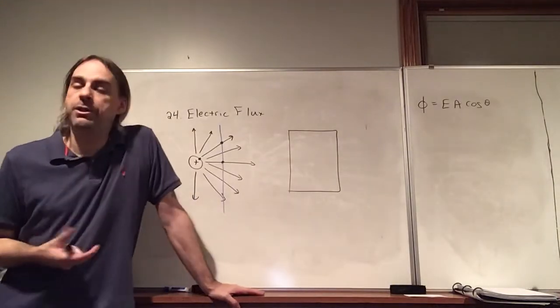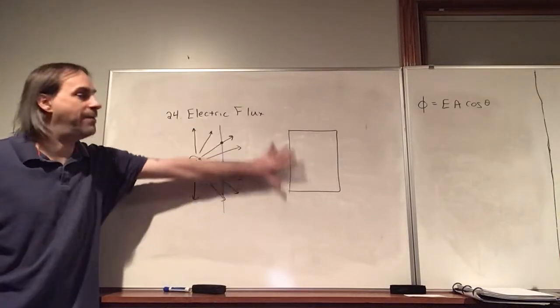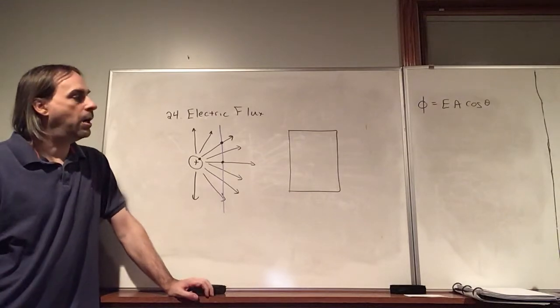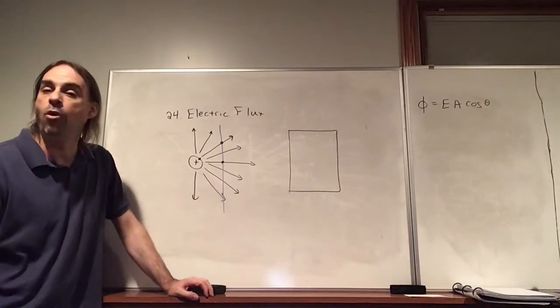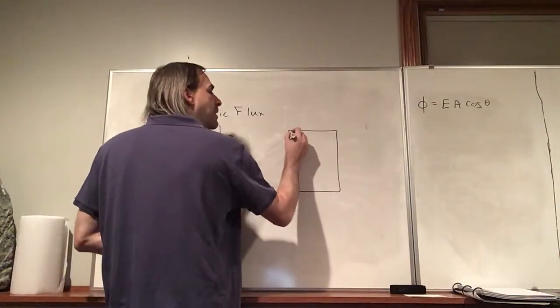Now in theory, we could do this. Let's say this is our surface, and we have these vectors coming out in all directions, with different magnitudes at different points. The basic idea is that we would break our surface into pieces.